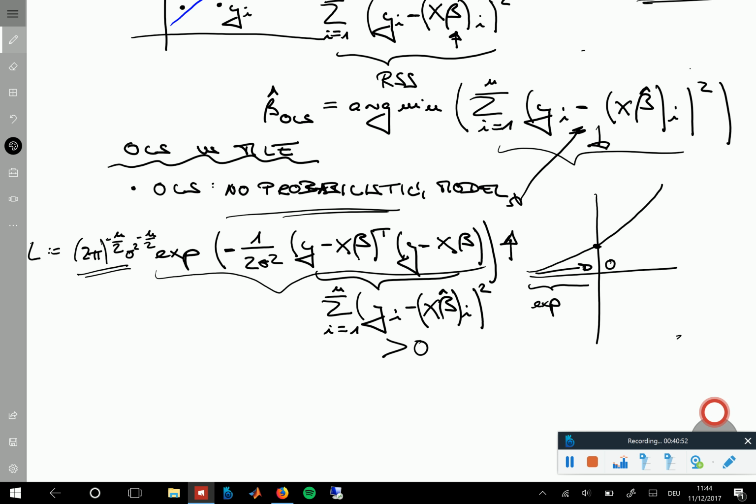Although in one approach you're minimizing something and in the other you're maximizing something, you're doing the same thing. This is why the same thing comes out, but the frameworks behind ordinary least squares estimation and maximum likelihood estimation are of course fundamentally different, because in maximum likelihood estimation you base everything on a probabilistic model, whereas in ordinary least squares estimation you just base things on a model and some data, but not a probabilistic model.